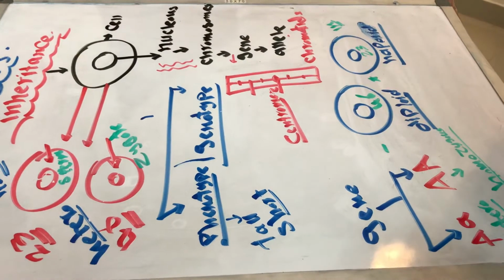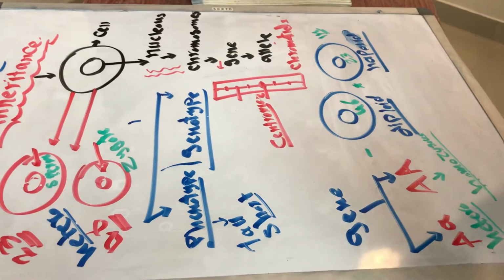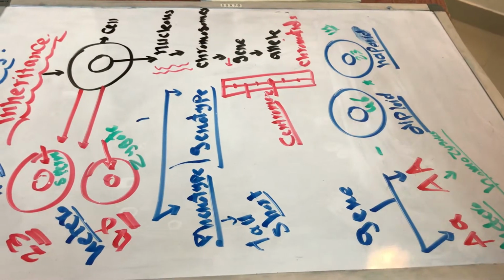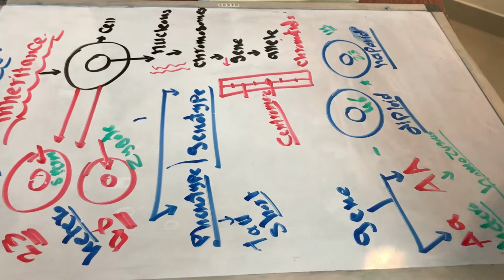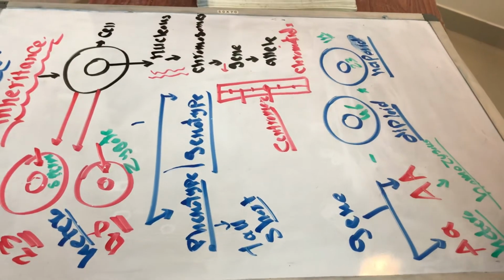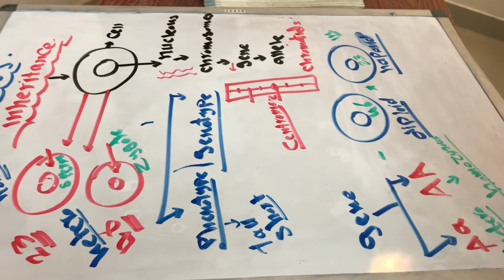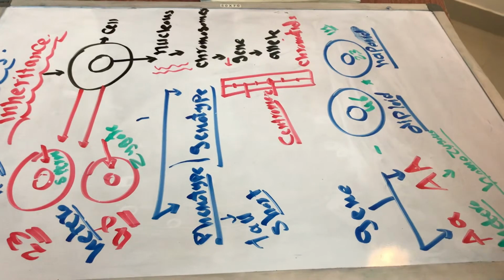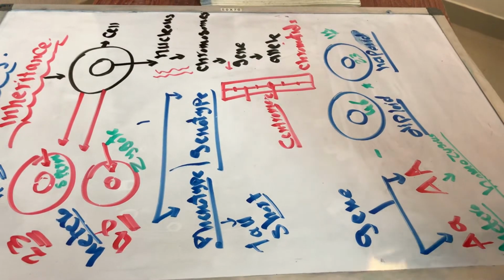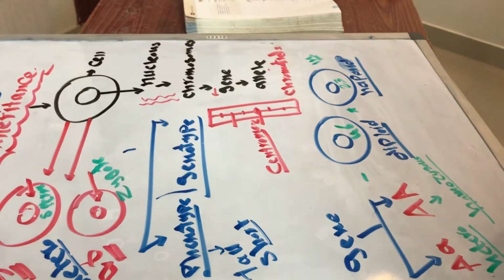I give you one example for inheritance, about the mechanisms of inheritance that were discovered before chromosomes or genes had been discovered. It was by one person known as Mendel, who made very important discoveries about inheritance, or genetic information.